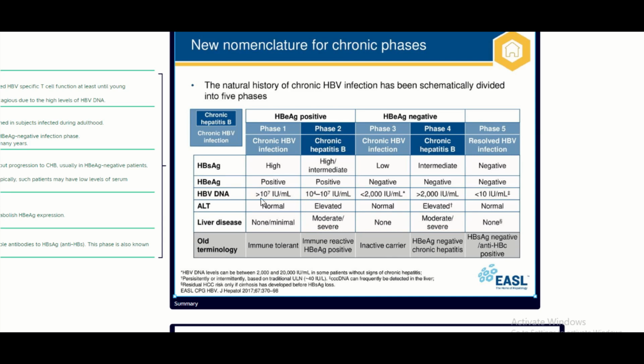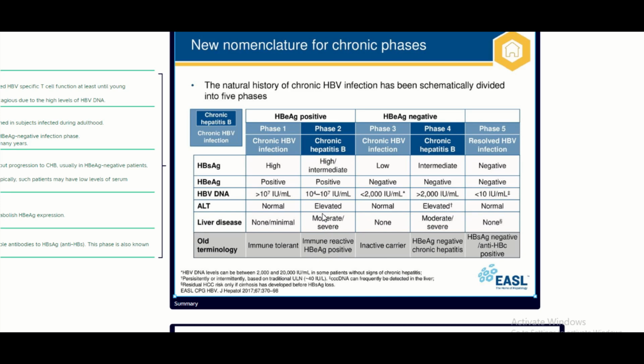That's why the DNA is quite high. In chronic hepatitis, the DNA will still be high, but it will be lower than within the infection phase because now we are having inflammation that is trying to control it.